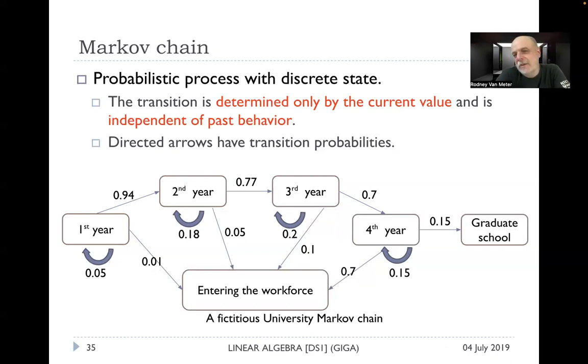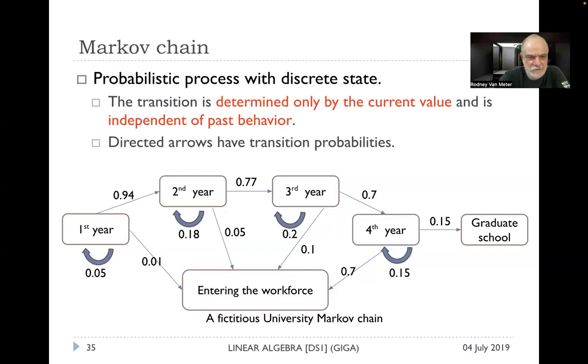But it's also possible that you flunk out after your first year, that you actually leave the university, or that you voluntarily leave the university for some particular reason, because you get a good job offer or something like that. And that can be true at each of the 4 years, year 1, year 2, year 3, or year 4. And it's also possible that in each year you fail to advance to the next year.